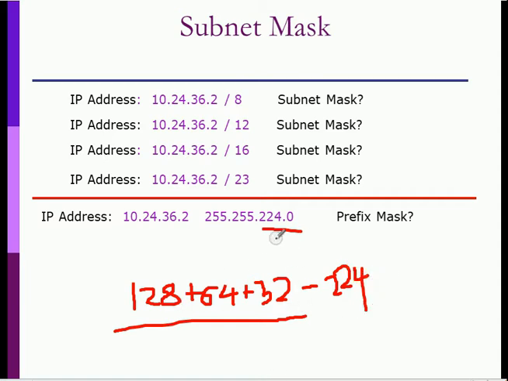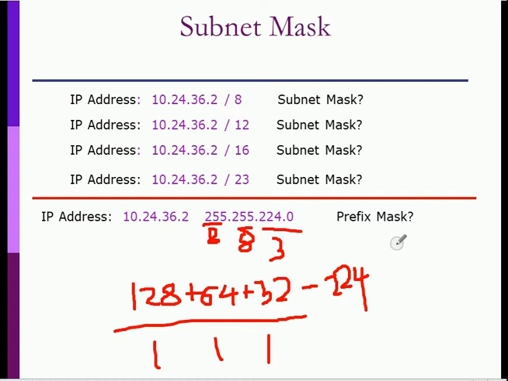So in this part we will have 8 plus 8 plus 1, 2, 3. So 8 twice gives you 16 plus 3: 17, 18, 19.